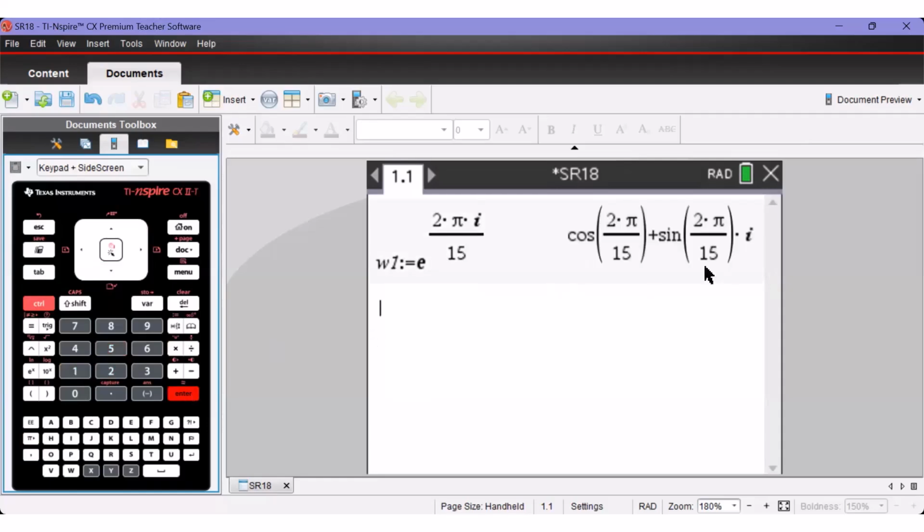And that actually confirms quite nicely that that's cis 2 pi on 15.